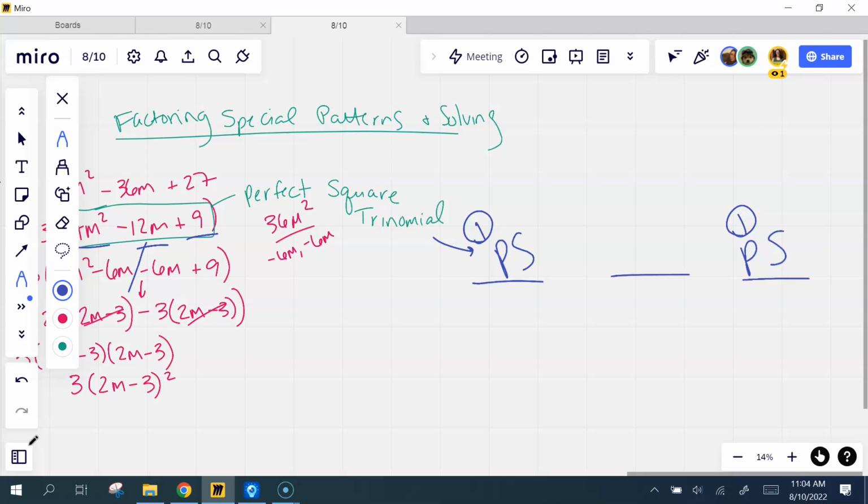The second one is the sign: this one must be a plus. That's your second qualification. Perfect squares are numbers you get by multiplying something by itself.